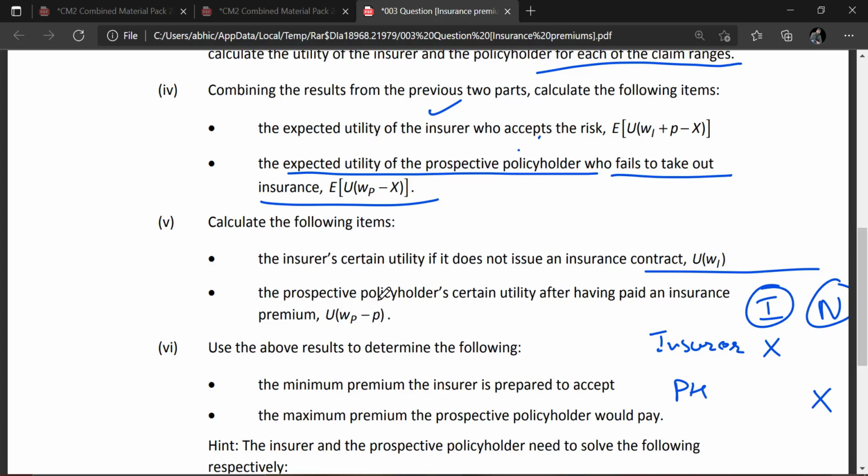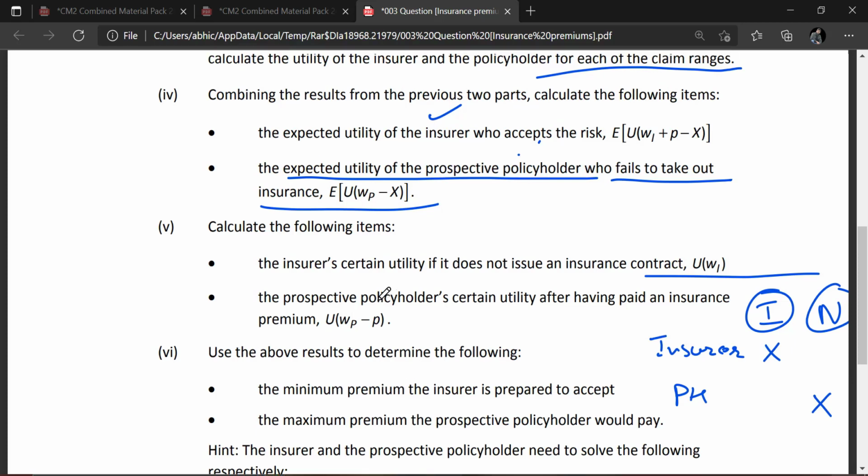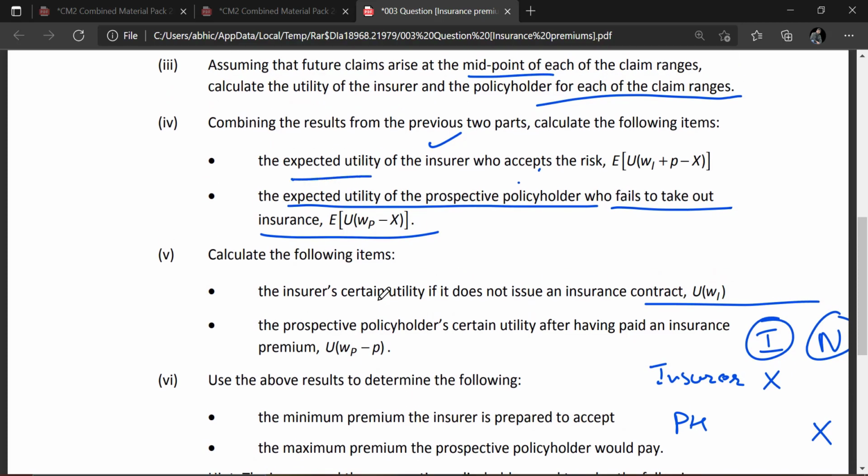So this is what you have to remember. For the insurer, when we are working with respective claim amounts, we are more interested in finding the expected utility of the insurer who accepts the risk, that is, insurance happens. And we are more interested in finding the expected utility of the policyholder who fails to take out the insurance, that is, in the case that insurance does not happen. So let's do this.